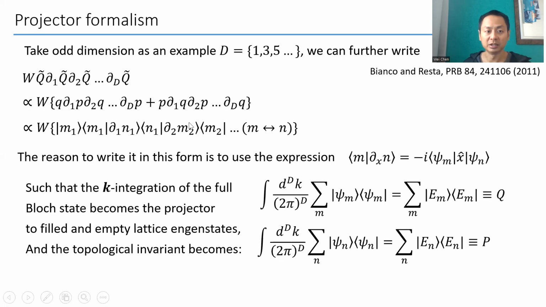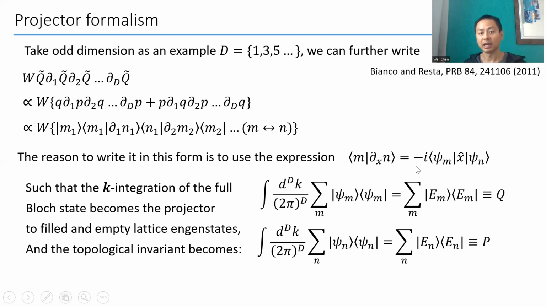And in this expression, the key point is that this kind of derivative, the conduction band product with the derivative of the valence band, is actually equivalently the full Bloch state, which includes not only the periodic part, where this N and M are the periodic part of the Bloch state, but now it becomes the full state sandwiched by the position operator.